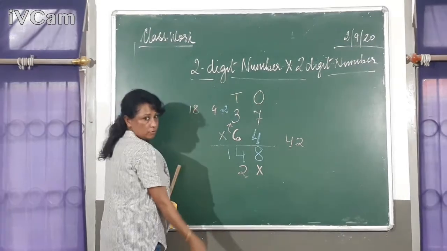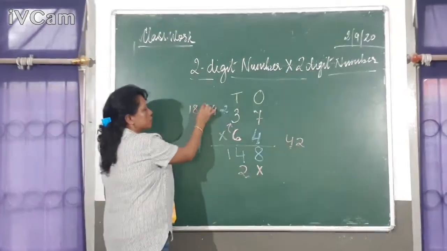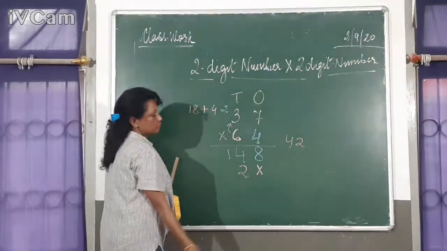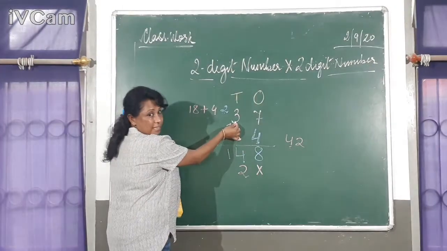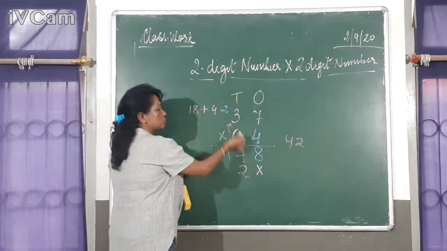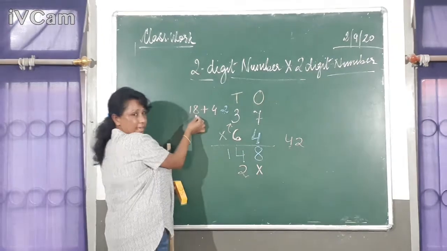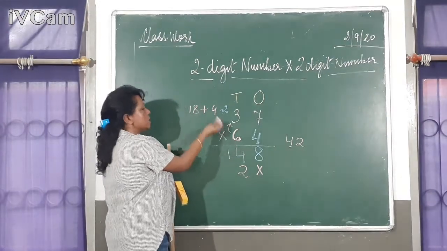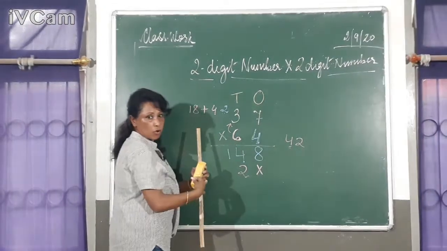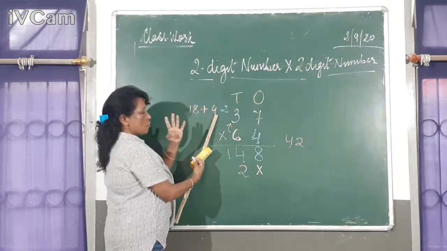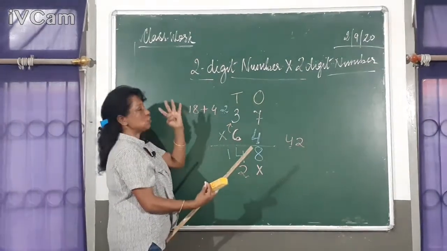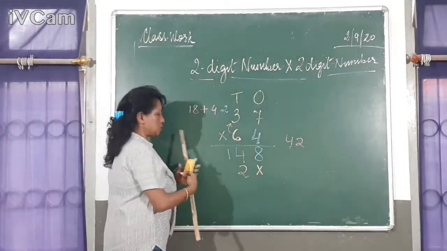And this 4 was already there, so you add the 4. 6 threes are 18, or vice versa, 3 sixes is also 18 if you don't know your 6 times tables. So 18 plus 4: 18, 19, 20, 21, 22.